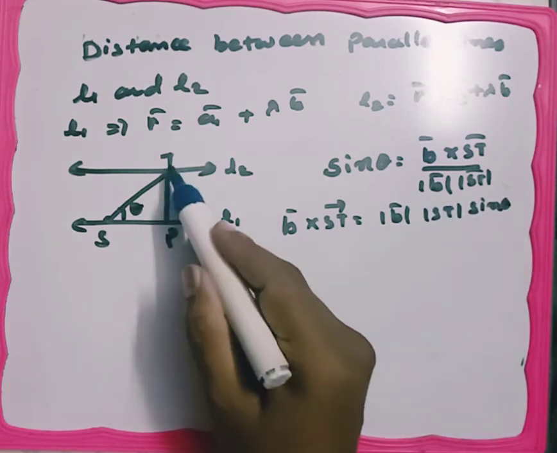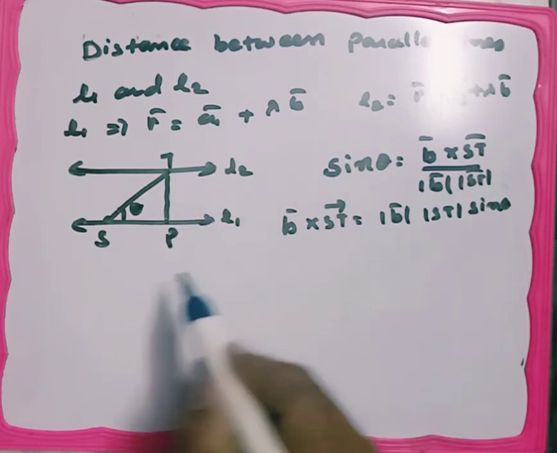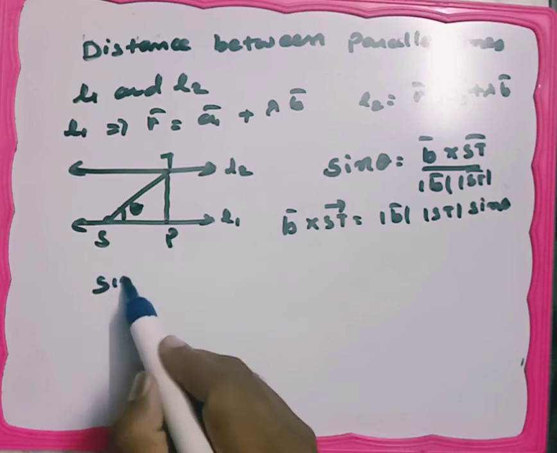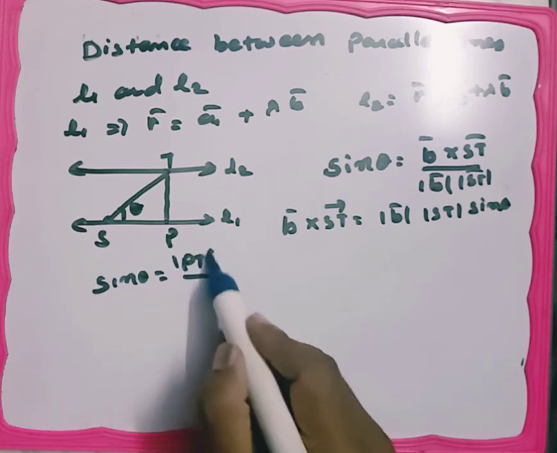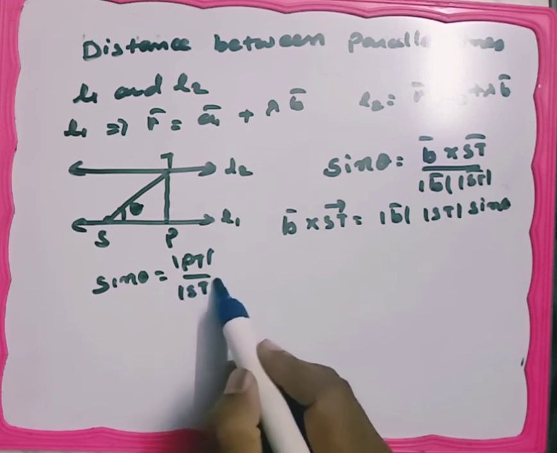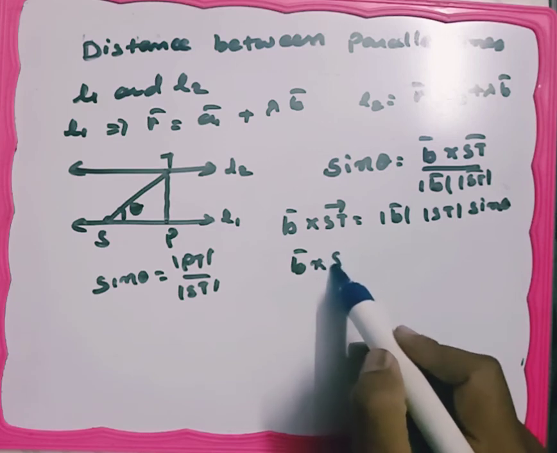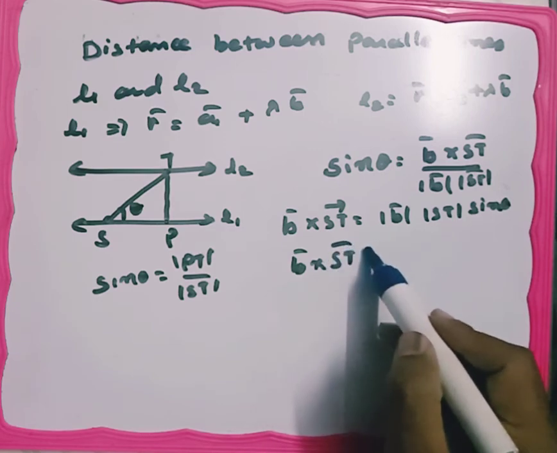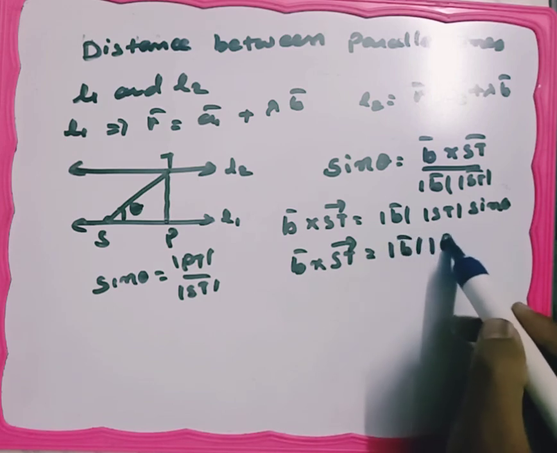But from this triangle, sin theta equals magnitude PT by magnitude ST. And so B bar cross ST has magnitude B bar times magnitude PT.